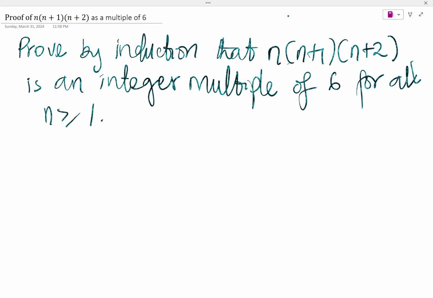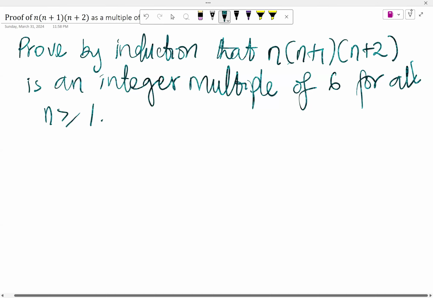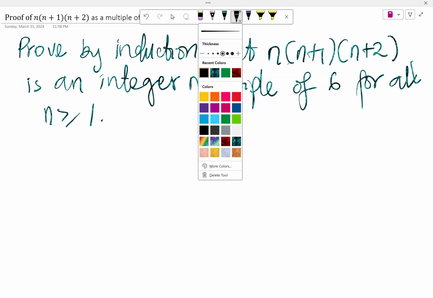That is what we have to prove right here. And of course, we already have standard procedures for all these things.